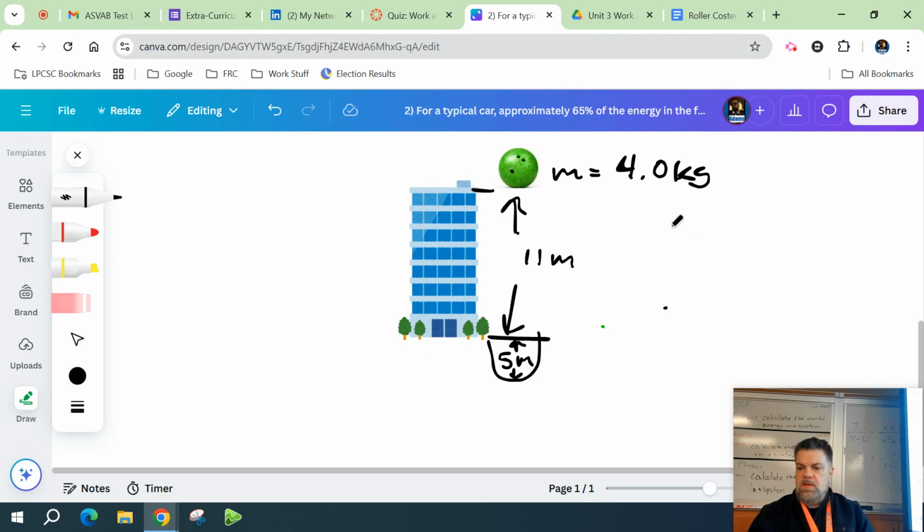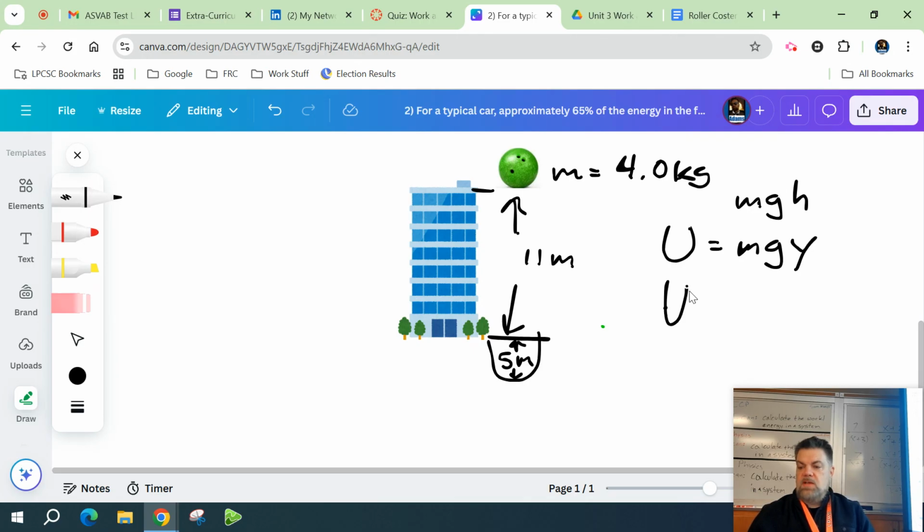That formula, U for potential energy, is equal to the mass of the object times the acceleration due to gravity times y. And sometimes you'll see this in textbooks as mgh. But it's just the total displacement in the y direction.